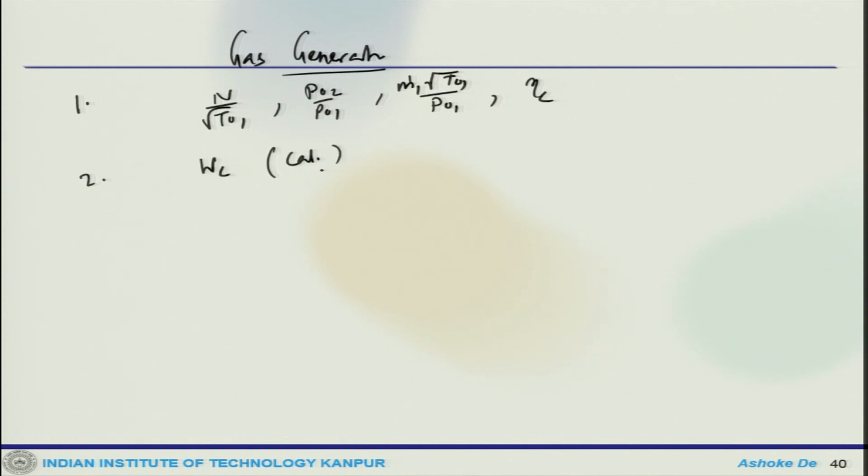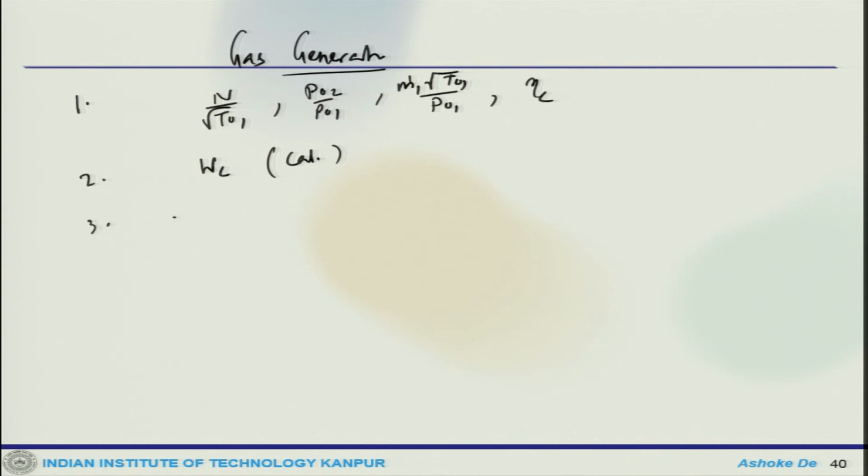First you can select some speed line on the compressor map and choose any point on the line. So, on the compressor parameters like N by root T naught 1, one has to choose P naught 2 by P naught 1, m dot 1 root T naught 1 divided by P naught 1, and eta c. When you choose that, then you calculate the compressor specific work.